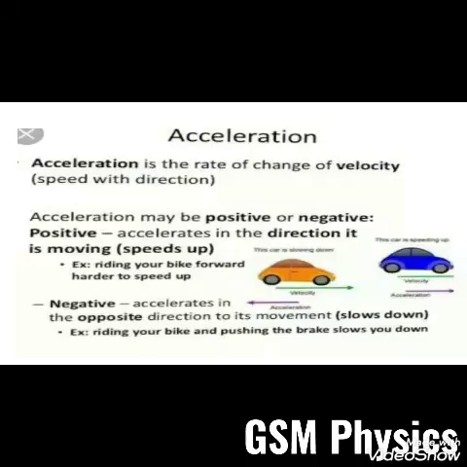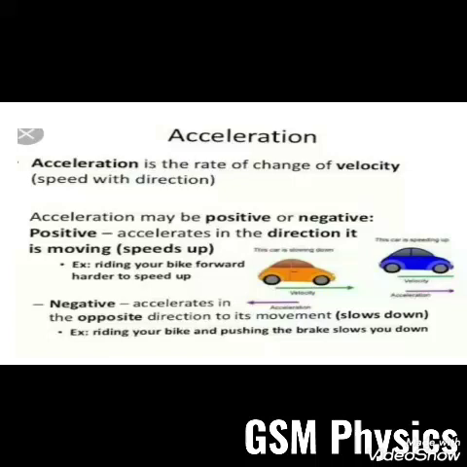Acceleration. Acceleration is the rate of change of velocity, or it is the change of velocity in unit time. It is a vector quantity. The SI unit of acceleration is meter per second squared.